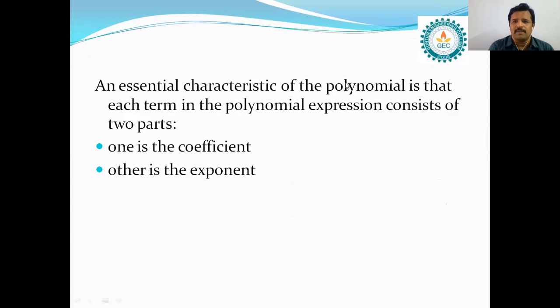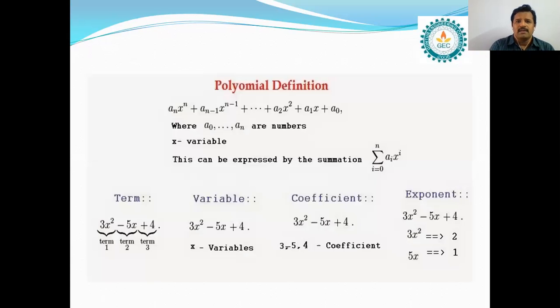An essential characteristic of the polynomial is that each term in the polynomial expression consists of two parts. The first one is the coefficient part, and the second one is called the exponent part. Right? So these are the two parts an expression of the polynomial consists of. According to the definition of polynomial, it should be like this: an x power n plus an minus 1 x power n minus 1 plus and so on, a2 x power 2 plus a1 x power 1 plus a0, where a0, a1, a2, and so on up to an are real numbers and x is a variable.